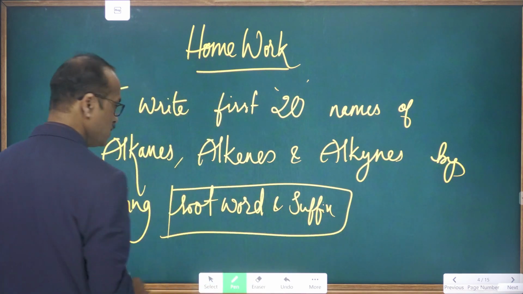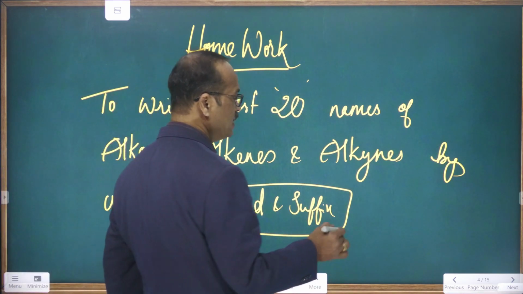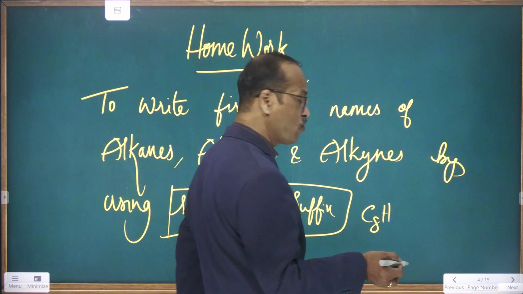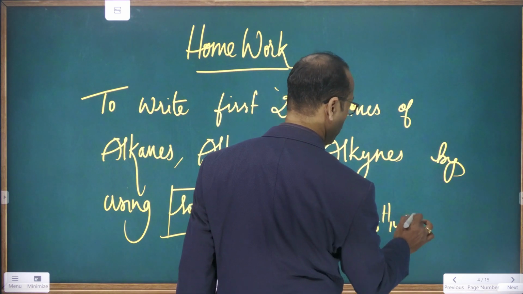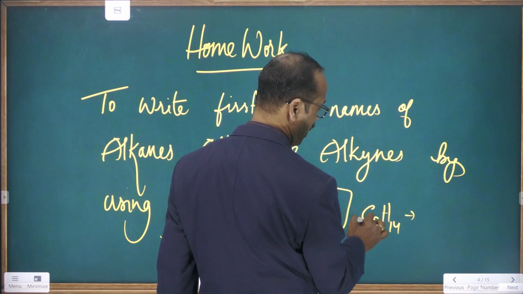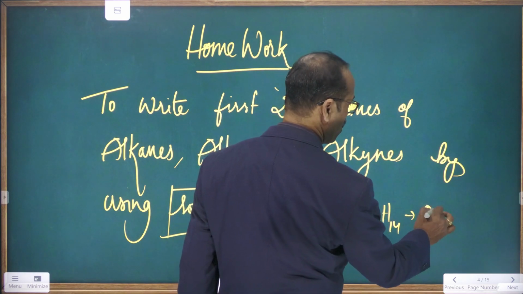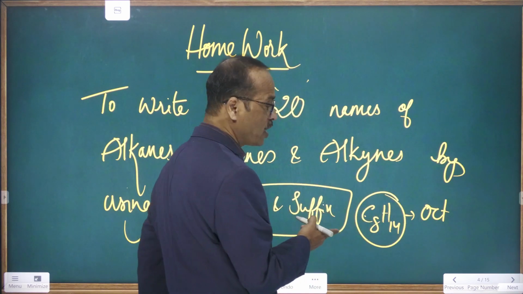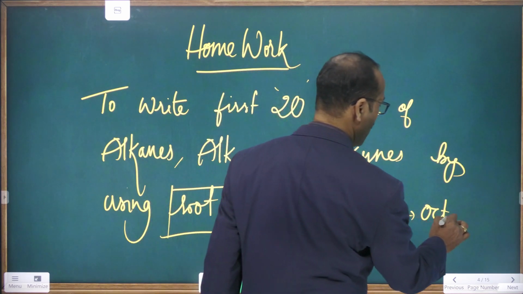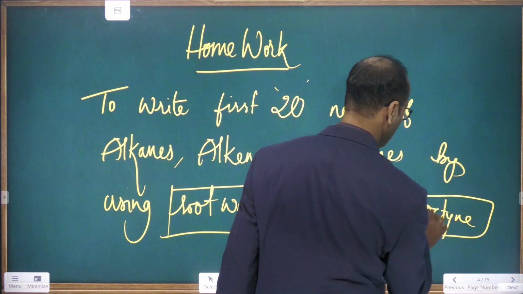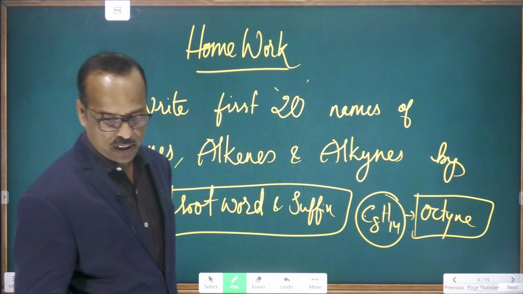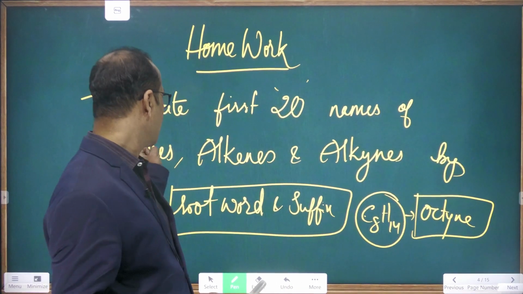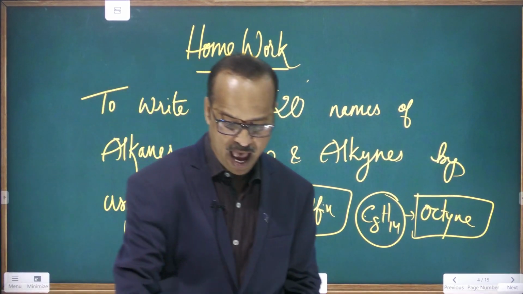For example, I want to write the name of C8H14. So what is the root word? Chain of carbon, how many? 8. So that's called oct. And this belongs to which hydrocarbon? Alkyne. So ine. The name of this one is octyne. So like this, in total 60 names you have to write: 20 of alkanes, 20 of alkenes, 20 of alkynes.